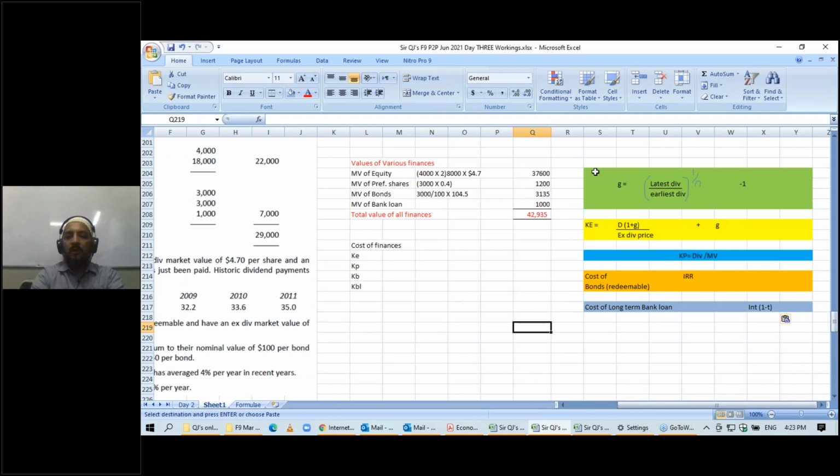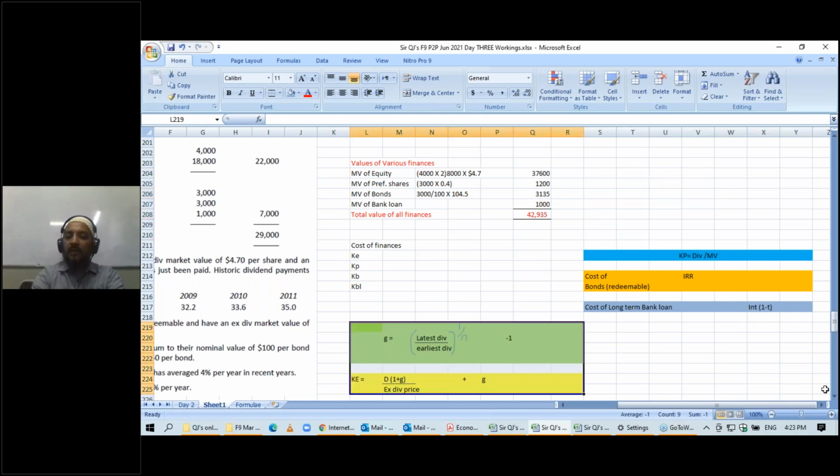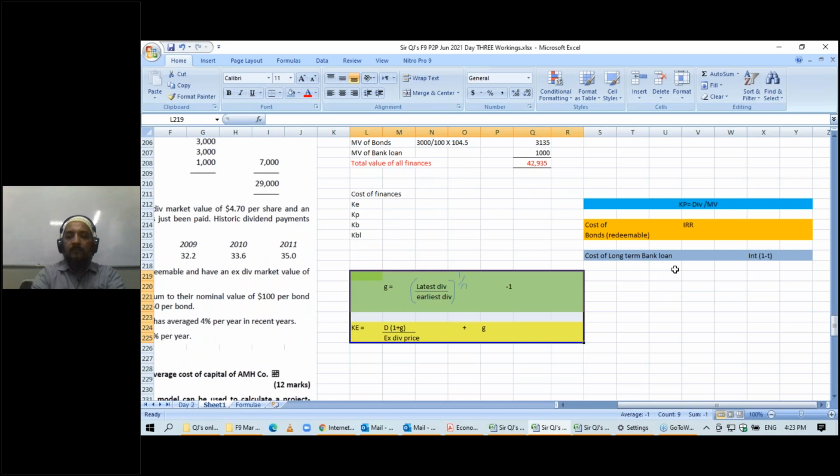First of all, we'll be calculating the cost of equity. For the cost of equity calculation, we are using the dividend growth model. First, we have to calculate the growth rate, and then we put the growth rate into the dividend growth model, the cost of equity formula.